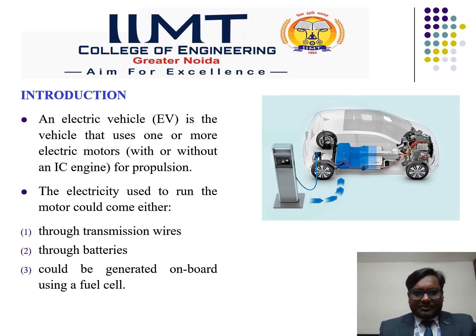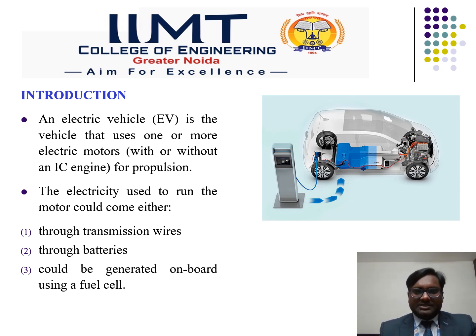An electric vehicle is a vehicle that uses one or more electric motors, and this electric motor can be combined with or without an IC engine for the purpose of propulsion. The main source required to run an electric motor is electric energy or electricity. This electricity can be obtained from different sources.